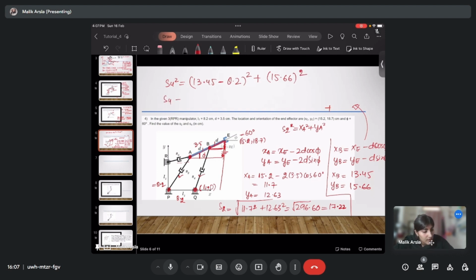So S4 is coming out to be, please calculate it, under root of, it's plus minus 16.51. So it will come out to be 16.51, because we will not take the minus one. S4 is the length of the link, so length cannot be negative. So this is how we find it. Both S2 and S4 have been calculated. So any doubt in this question?